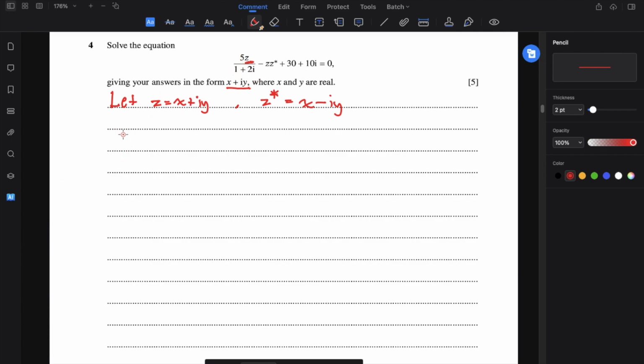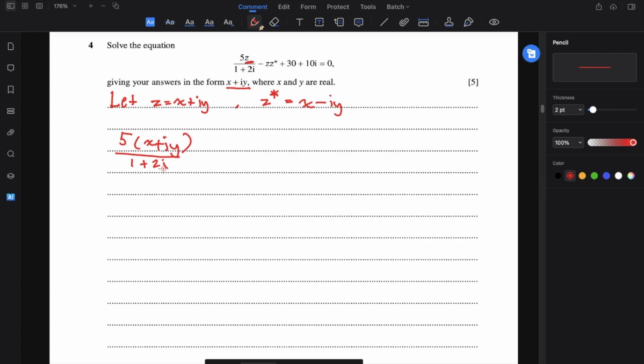So 5z becomes 5 into x plus iy upon 1 plus 2i. Now we have 1 plus 2i as a denominator here, but we cannot have 1 plus 2i as the denominator because 2i is an imaginary number, and we have to put the answer in the form x plus iy.